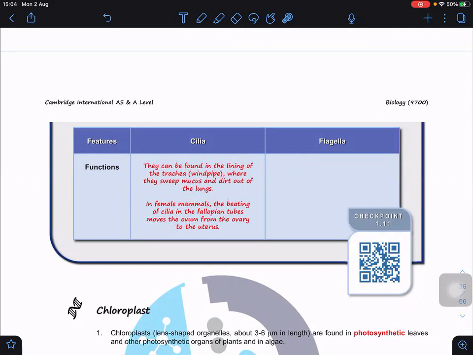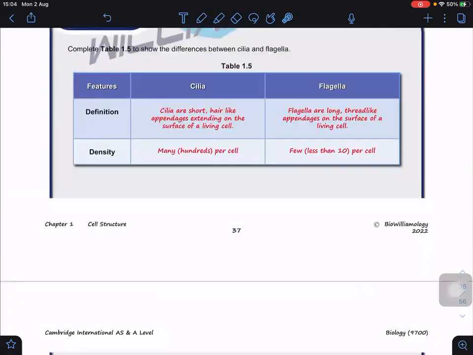Basically, they are involved in the movement of substances. Flagella is the movement of the cells. For example, in terms of cell motility, the sperm cell uses flagella to propel itself through the female reproductive tract. The tail, we always say the tail, right? This is actually the flagella. You need to know this to differentiate between cilia and flagella.